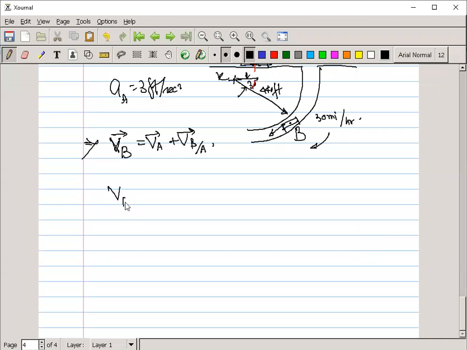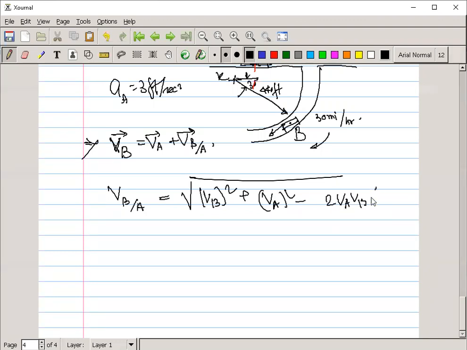So VB by A is root over of VB square plus VA square minus 2 VA VB cos of the angle between them.